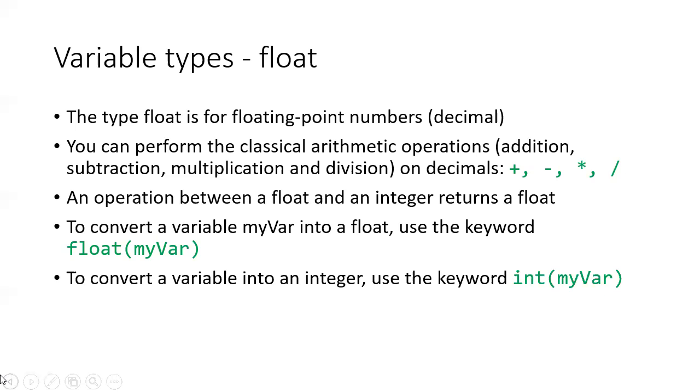You use the type of variable that you want to cast it as, and then surround the thing that you want to cast with brackets. And the result of this will be a float. So that's the type of thing that we remember.